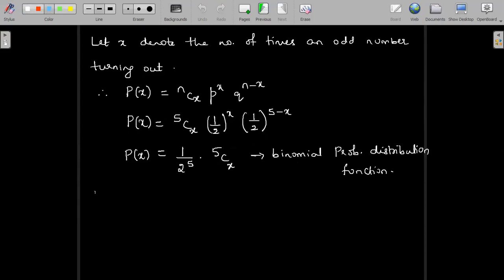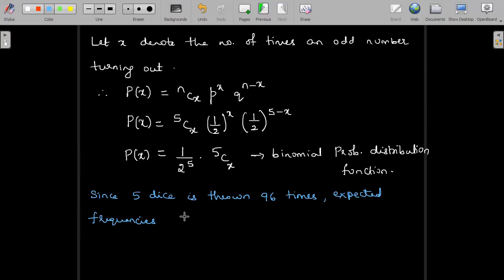Since 5 dice are thrown 96 times, expected frequencies are obtained from the expression 96 into P of x.